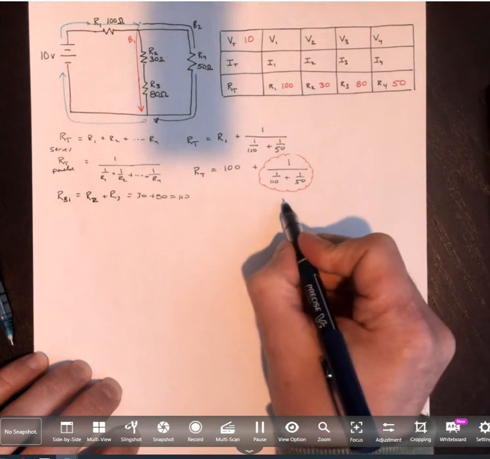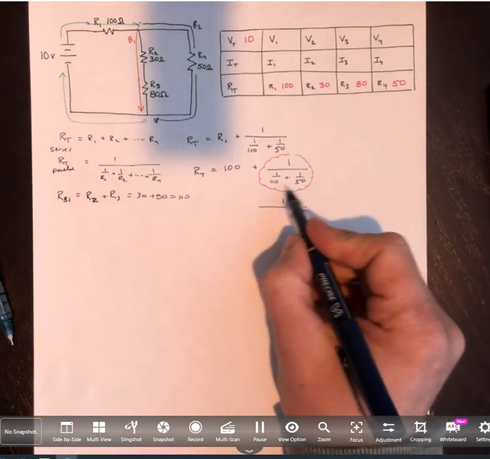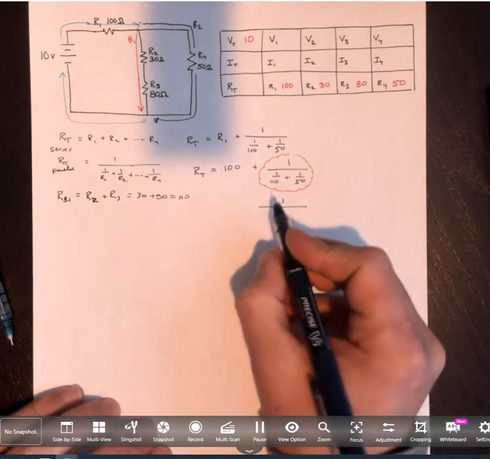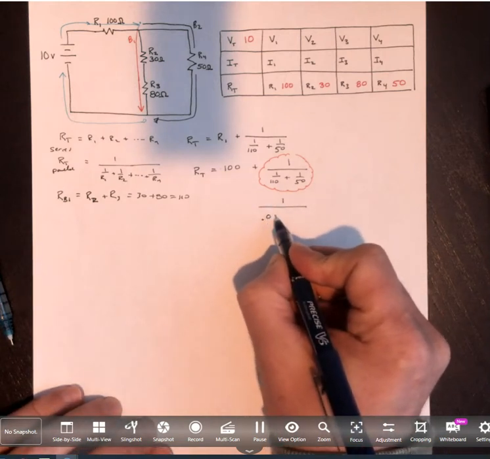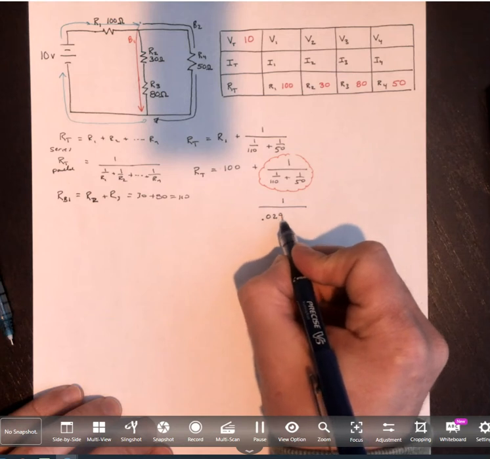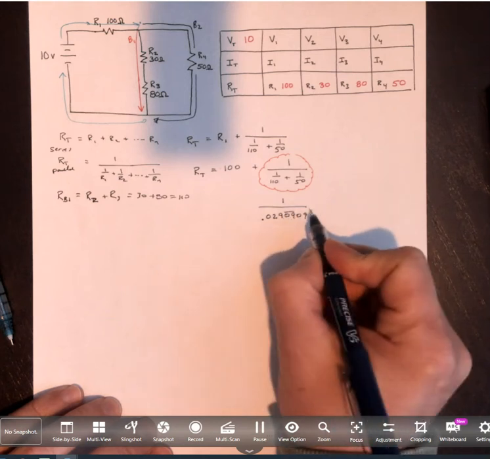Okay, it just so happens that when I did this, I got 0.02900909 repeating. Okay, like that.